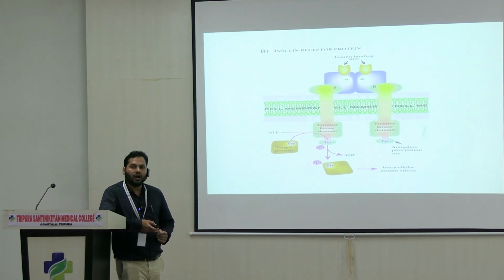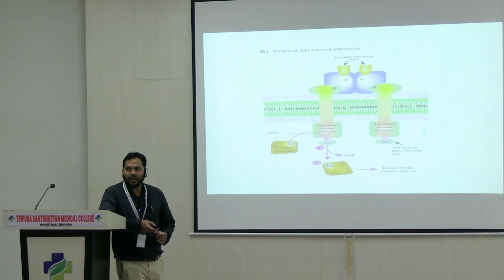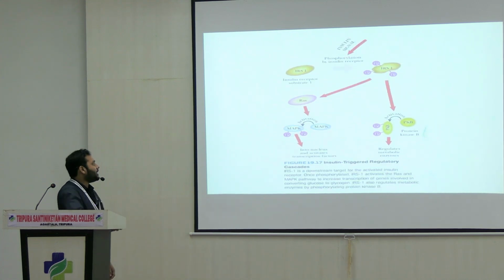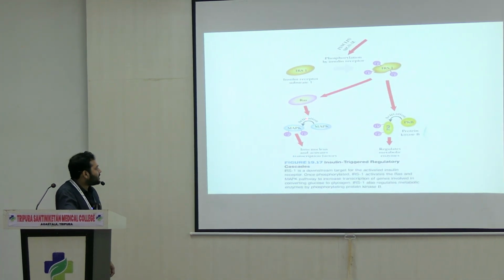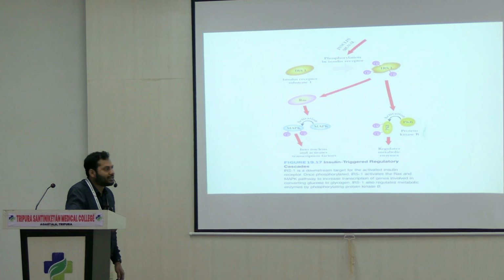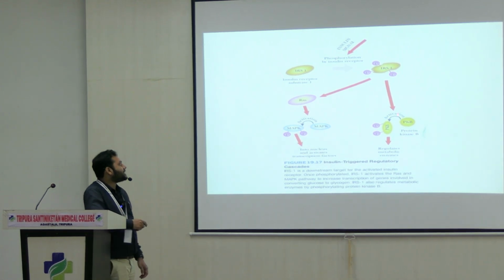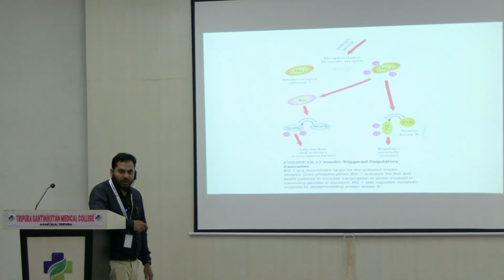One is the MAPK pathway and another one is the PI3K pathway, right? See, this is the first pathway that is activated by the binding of insulin hormones to the insulin receptors. This is called the MAPK pathway, and another one is the PI3K pathway.